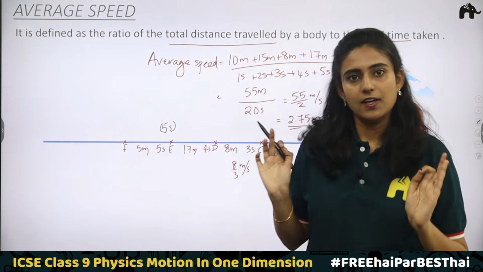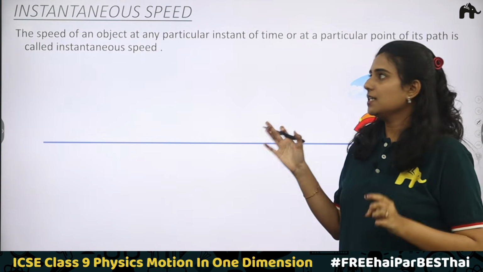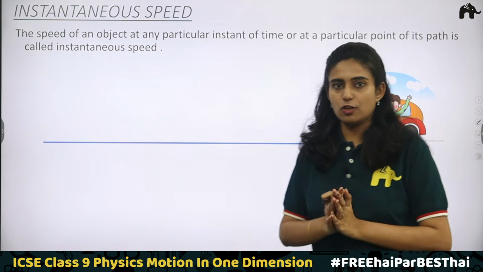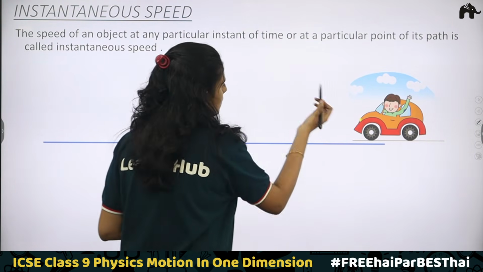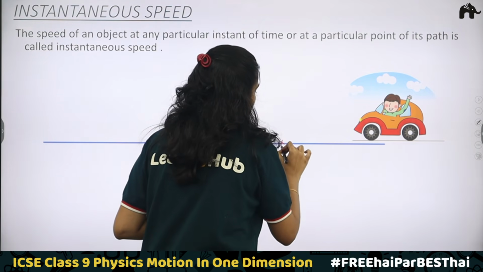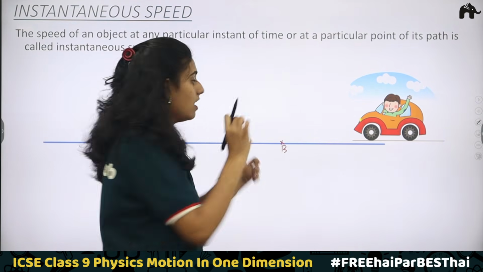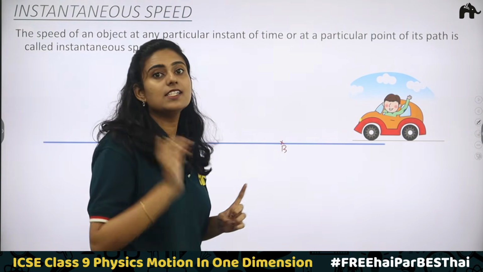Clear? Instantaneous speed. So we said, what is average speed? Instantaneous speed is nothing but the speed at a particular instant of time. Like we have said, the first 1 second is travelling at 10 meter per second. If you take any point, let's say the point B, at B, what is the speed? At that particular instant, the speed that is measured is called the instantaneous speed.